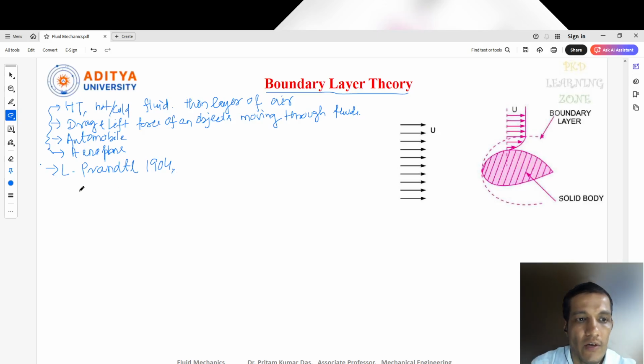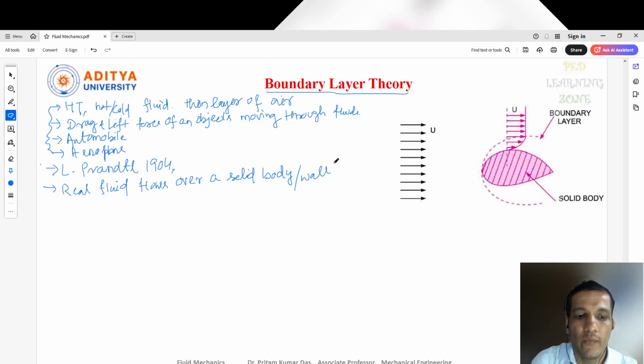So how can we develop this thin layer? Let me tell you, we need to consider a real fluid. So when a real fluid flows over a solid object, over a solid body or solid wall, the fluid particles will be adhered to the boundary.